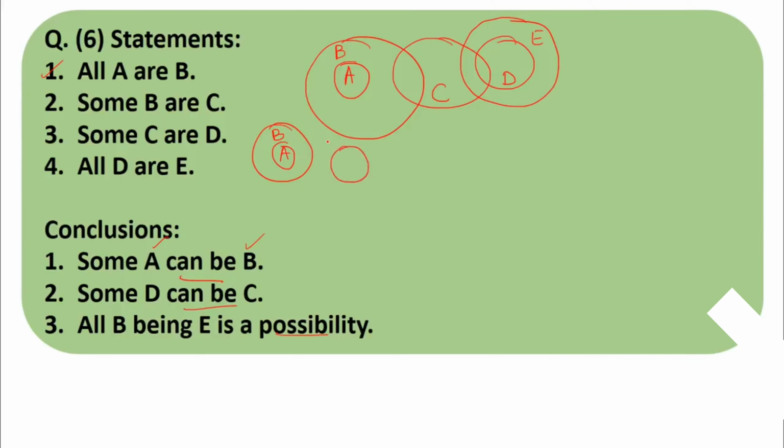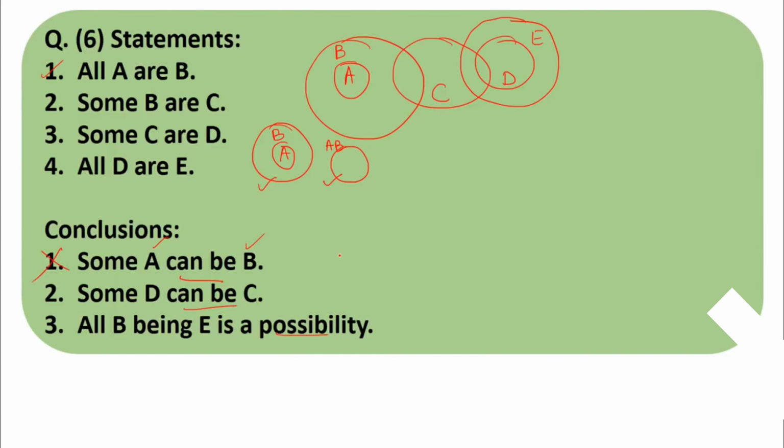Draw a circle. This is A and B, correct? What is the conclusion? Some A can be B. Over here in this first situation, yes, entire A is B. So some A can be B. This conclusion holds true or is possible for the first situation. In the second situation also, some A can be B because they are overlapping, correct? So it is also possible over here. Since in both the situations the conclusion is possible, the conclusion must be false, right?